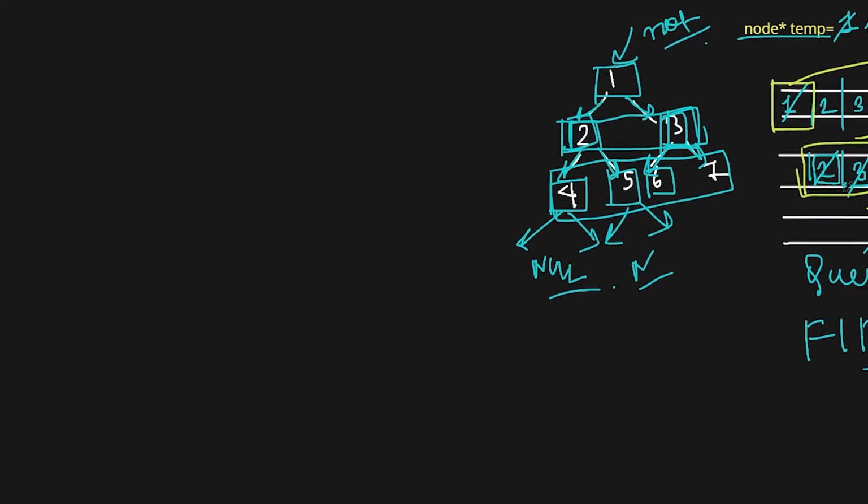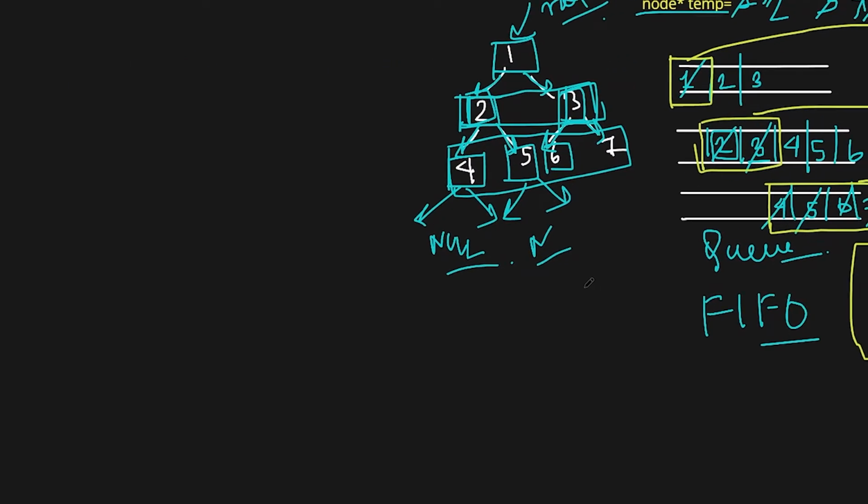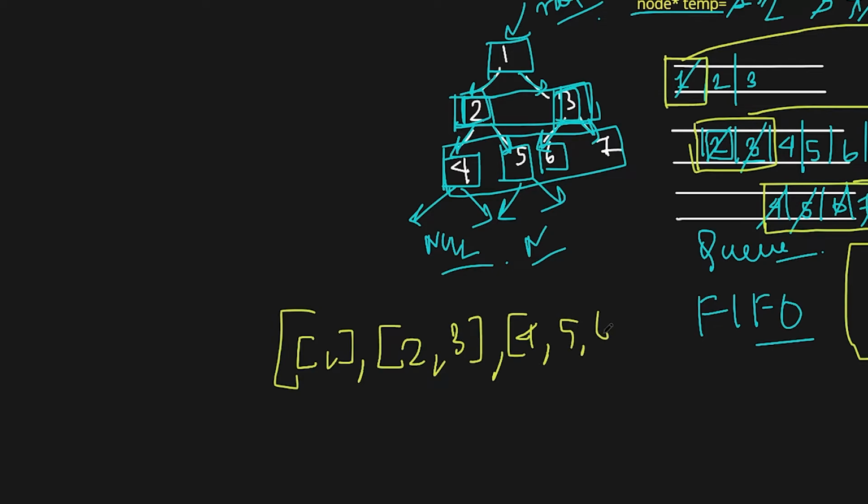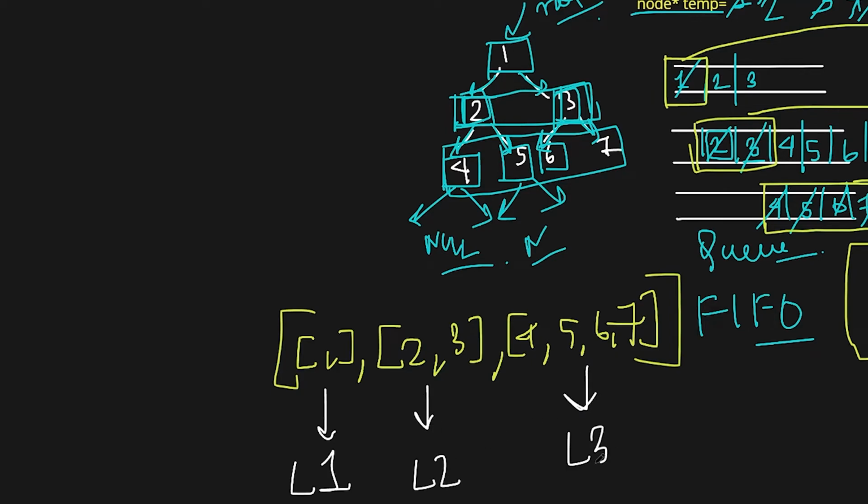The total representation of the binary tree level wise is 1, 2, 3, 4, 5, 6, and 7. So this is level 1, this is level 2, and this is level 3.